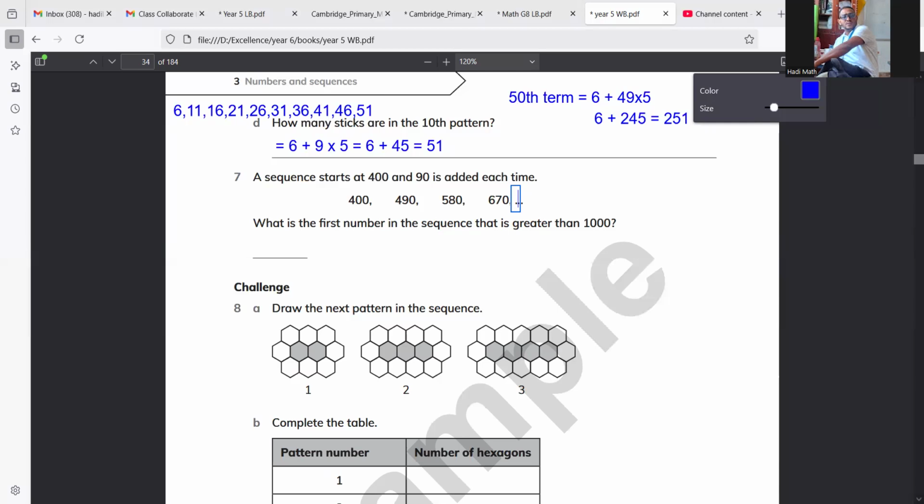The next number will be 670, because you add 90 to 580. Then 760, then 850, then you add another 90, it's 940. You add another 90, it's 1030.